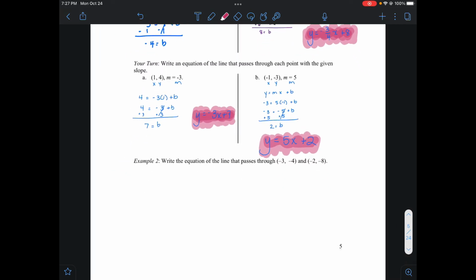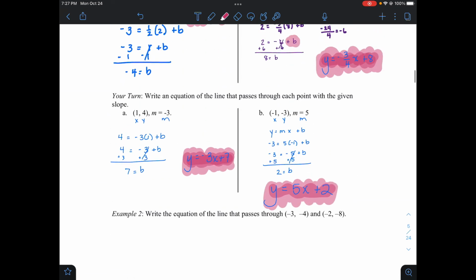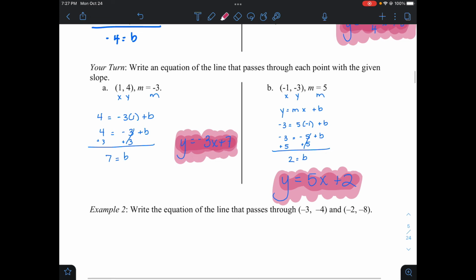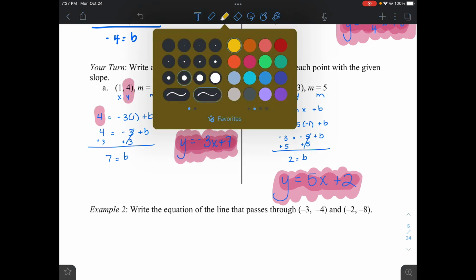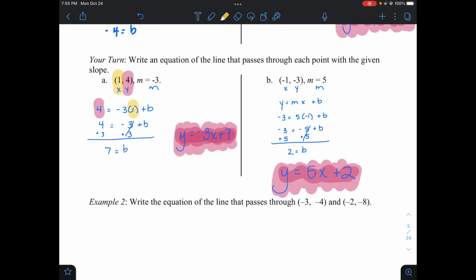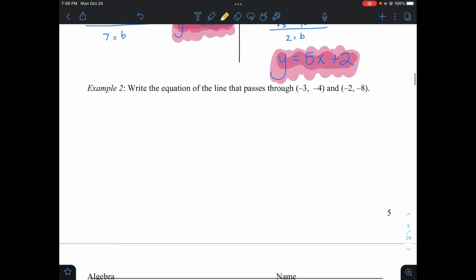All right, so check both your turns. Make sure you substituted the y into the correct spot and then the x into the correct spot, okay? For our next example, they're going to give us even less information.